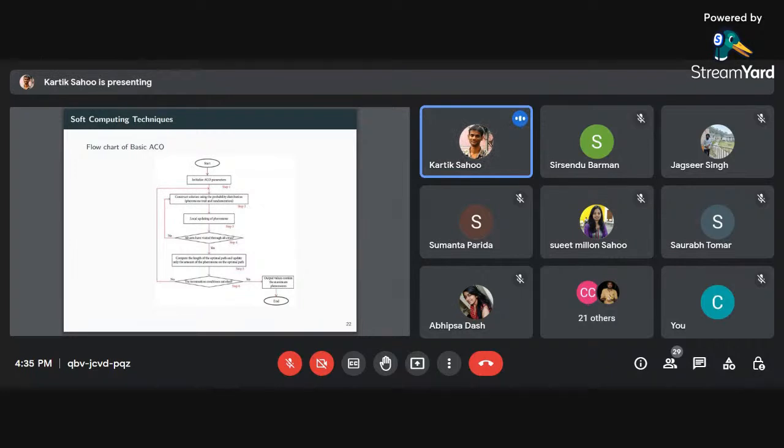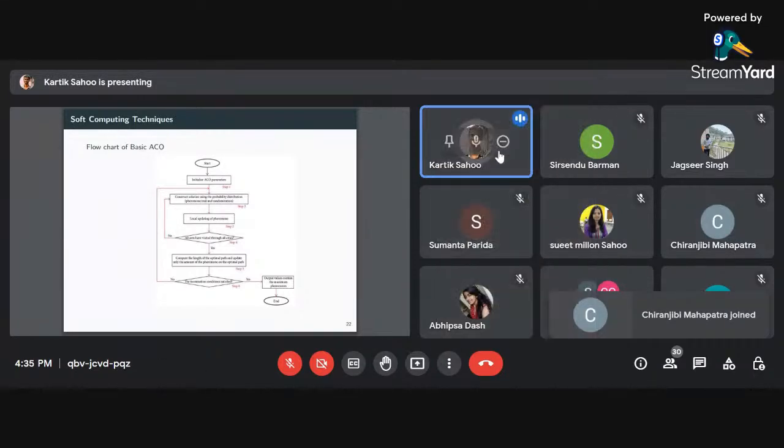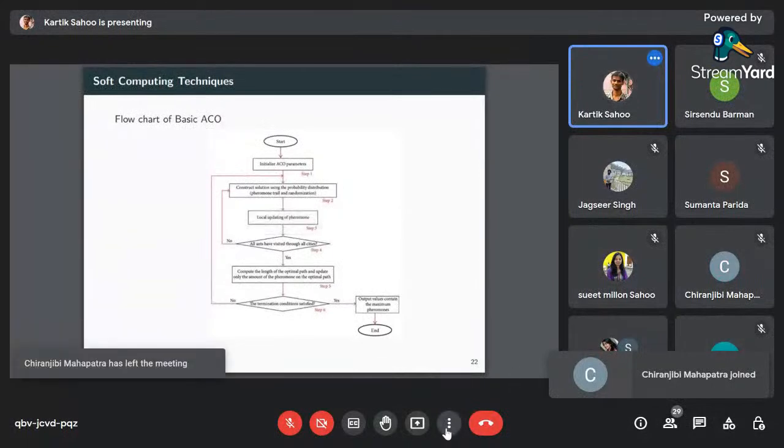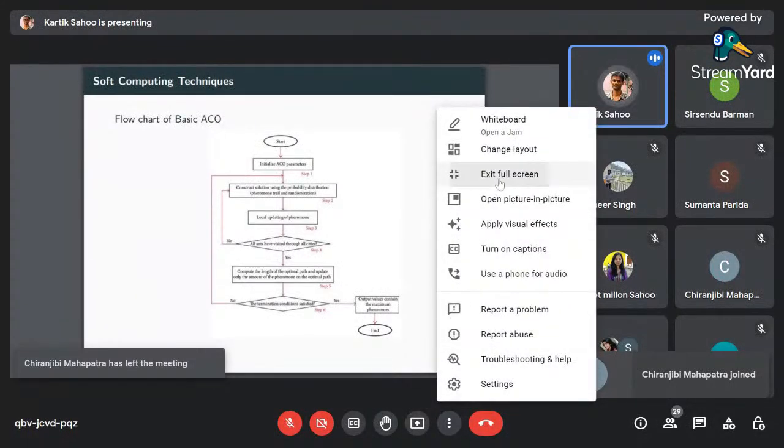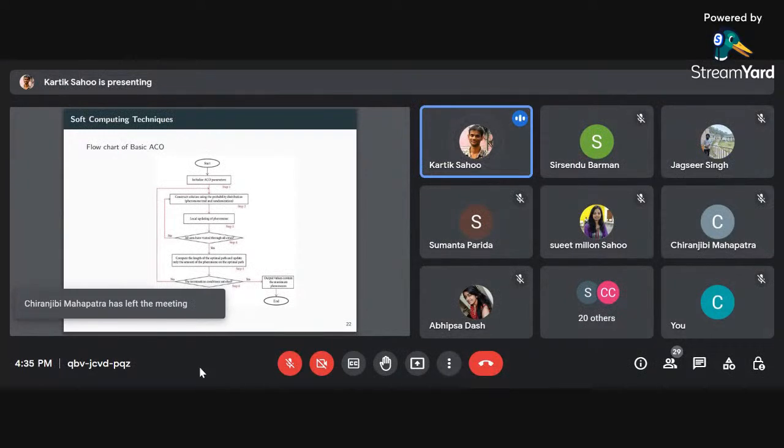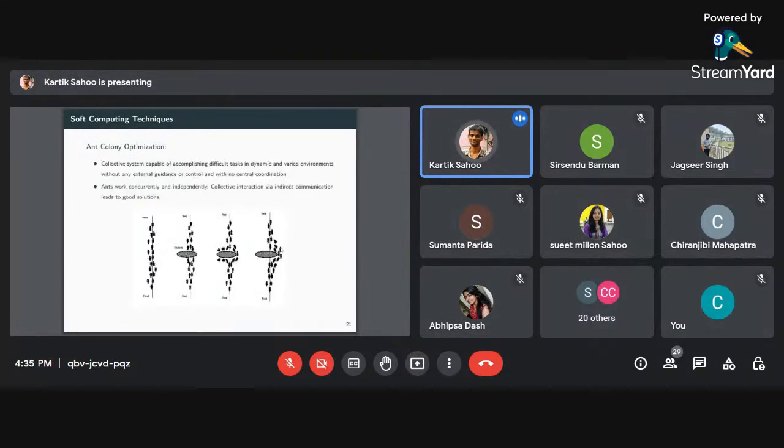First we initialize our ACO parameters, then we find the probability distribution or pheromone trail to determine how important a solution is in comparison with the other solutions. So basically ACO works on the simple principle of how an ant colony finds the shortest path.